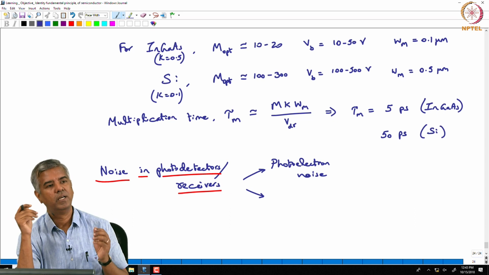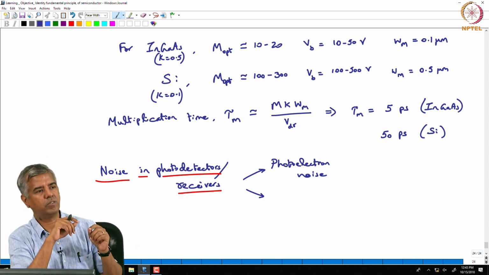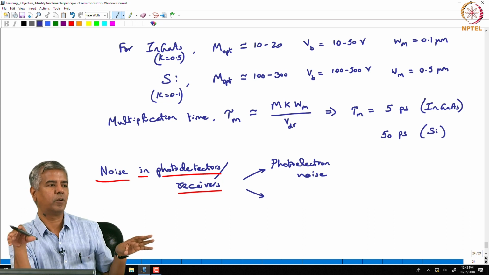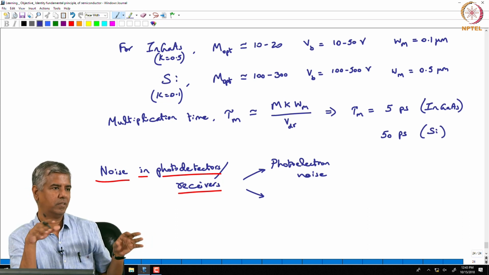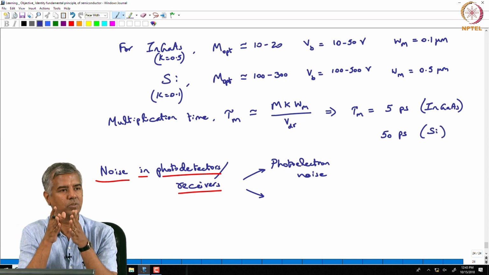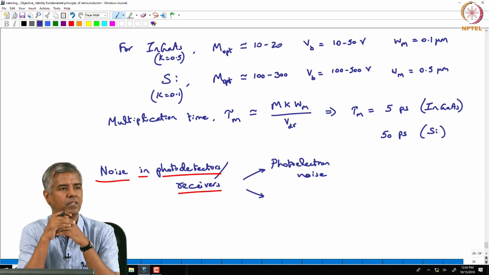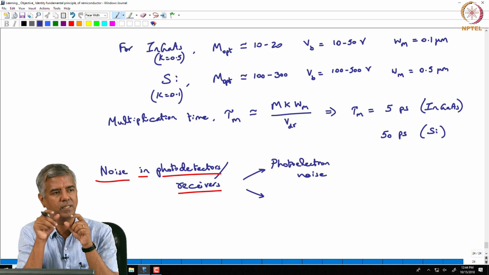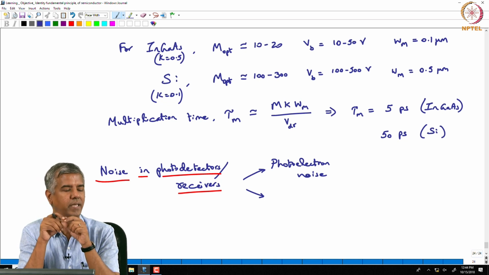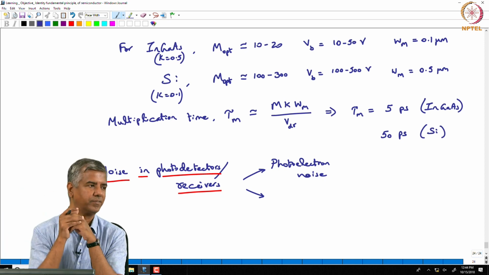When we talk about some particular level of intensity, we are always talking about a certain mean number of photons coming through. But if you slice it into small enough time slots, maybe on the order of nanoseconds, then you find that the actual instantaneous number is fluctuating, right.